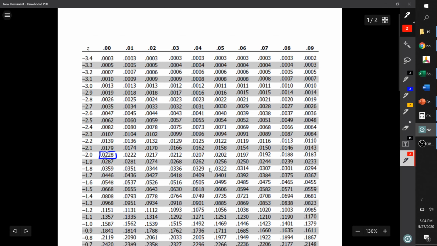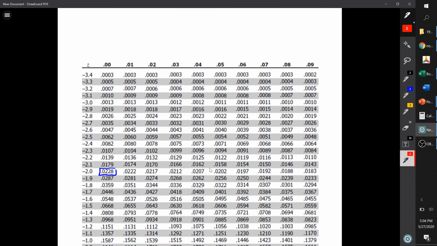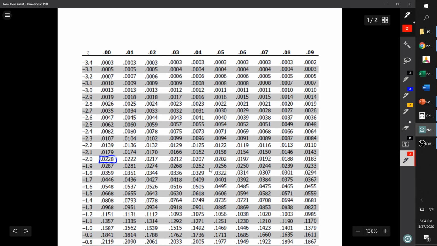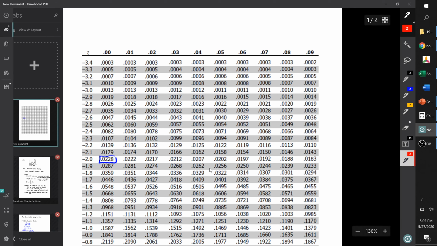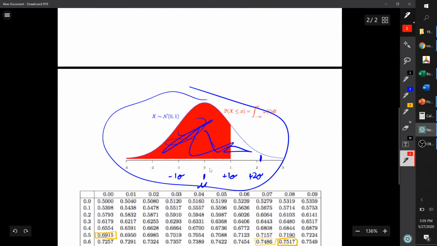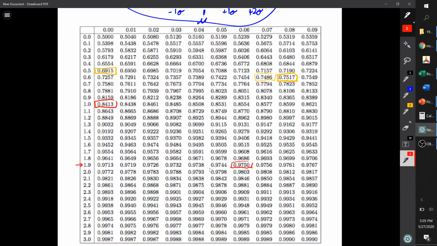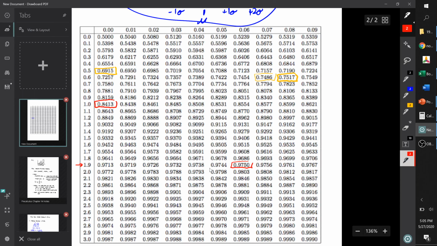If I want the 2.5%, 0.025, guess what? That is negative 1.96. And what was it on here? It was 1.96. So that's our plus or minus 1.96.